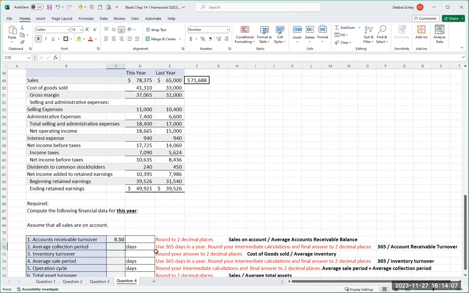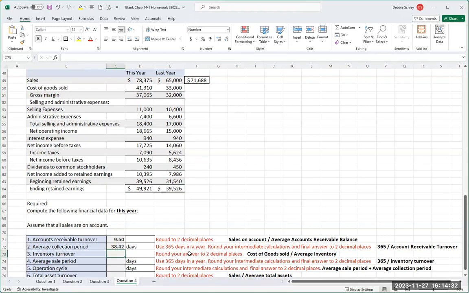So for mine, it's 9.50, round to 2 decimal places. Okay, average collection period is equals 365 divided by the accounts receivable turnover, which was the answer to required 1.